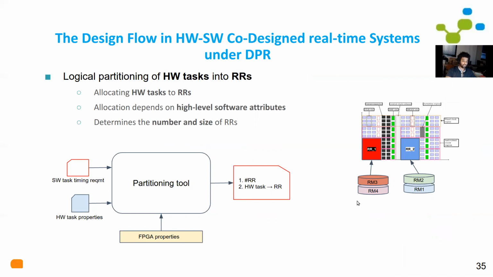As we see from this example, these two reconfigurable modules are allocated to this region, and these two reconfigurable modules are allocated to this reconfigurable region. This allocation or partitioning is done by using the software timing attributes as well as other parameters of the design.